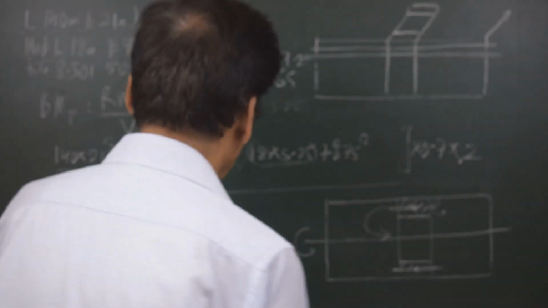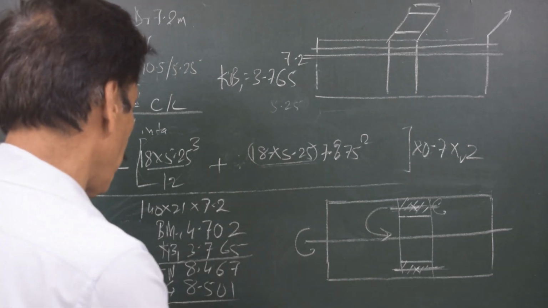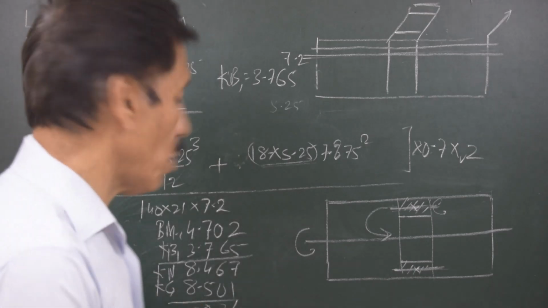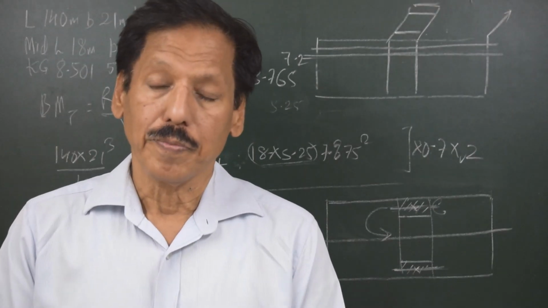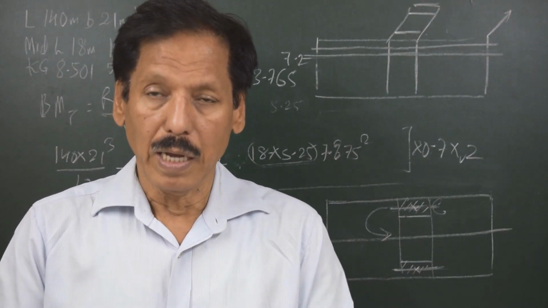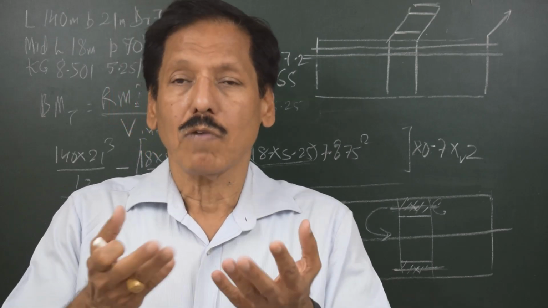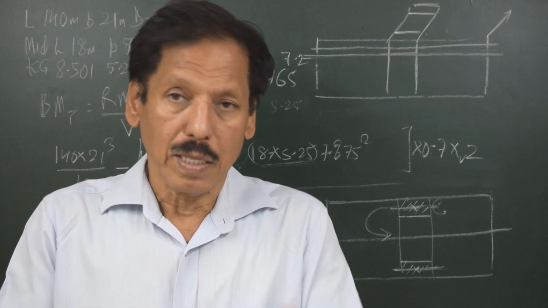Oh my God. The GM that I obtain is negative GM, minus 0.034. So it is possible that after bilging the GM becomes negative, and this will happen if the B does not go sufficiently up, and the loss of BM is more than the rise of B.